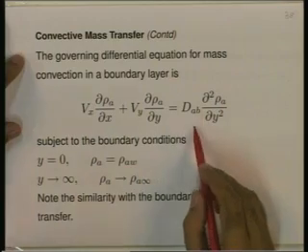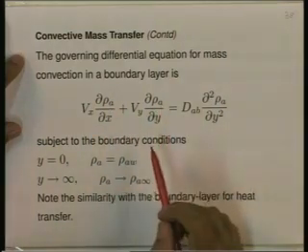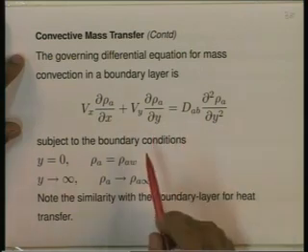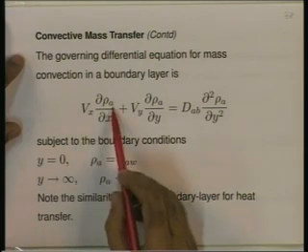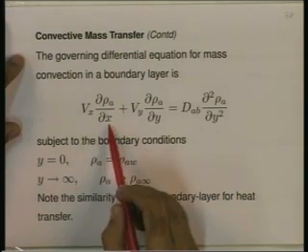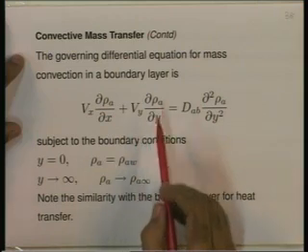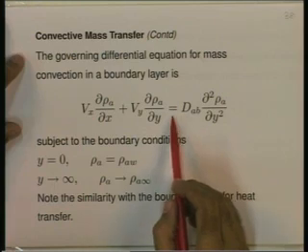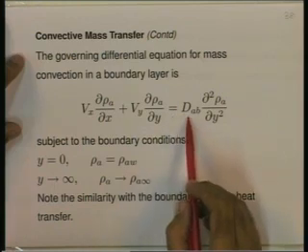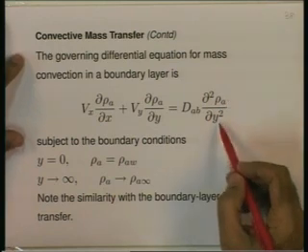This is the equation for conservation of mass of species A. And in the boundary layer form, it turns out to have the form Vx into partial of rho A with respect to x, plus Vy into partial of rho A with respect to y, the sum of these two should equal the diffusion coefficient dAB into second partial of rho A with respect to y squared.